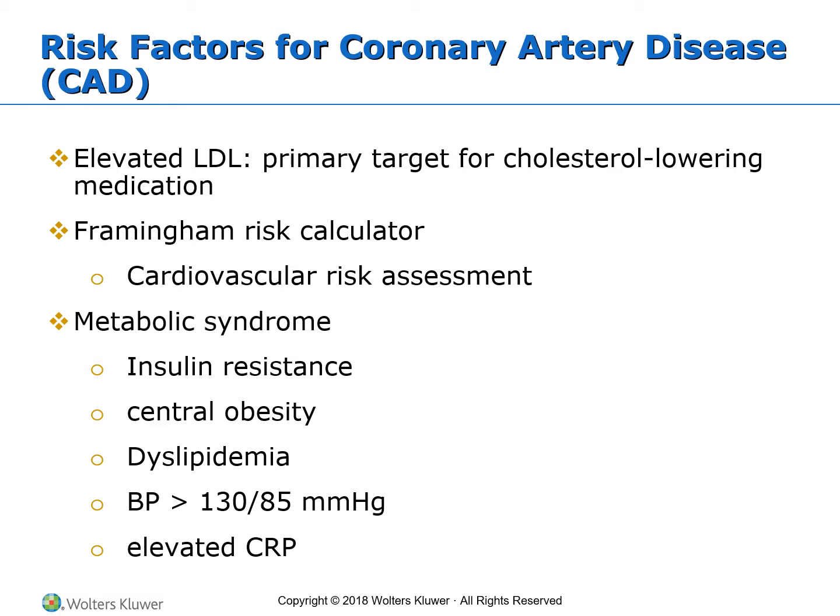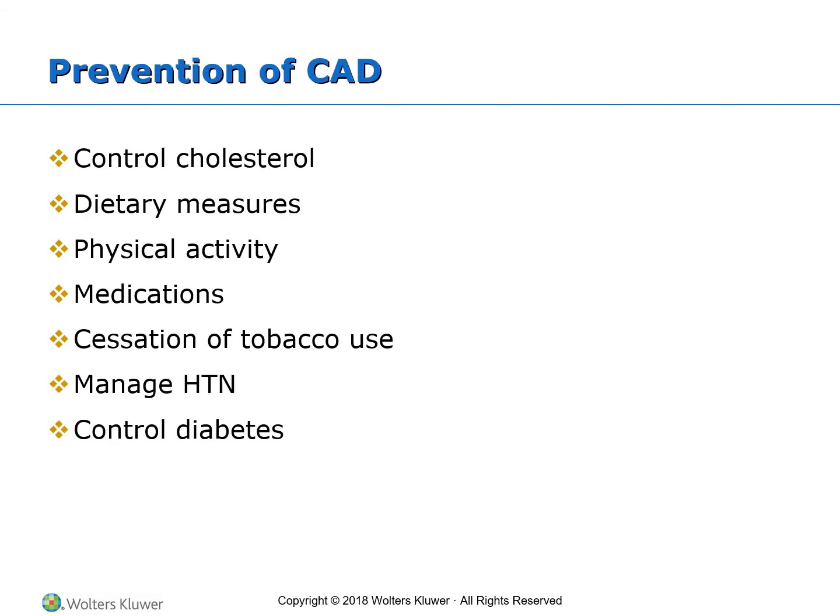And then hypertension, which is a blood pressure greater than 130/85. There is something called the Framingham Risk Calculator, and this is used to predict your risk of cardiovascular disease over the next 10 years. You can go online and Google it and see where you fall in the next 10 years as far as your risk for heart disease.